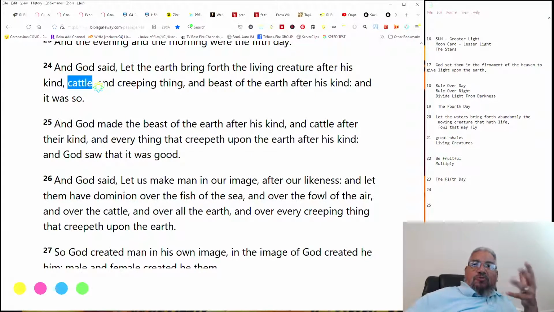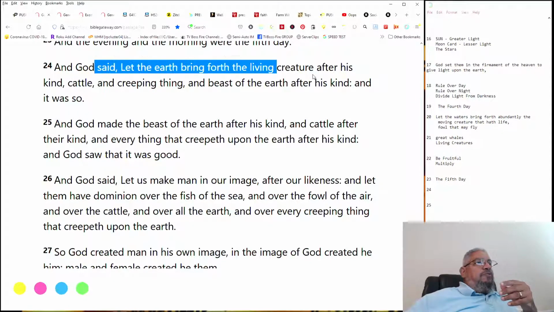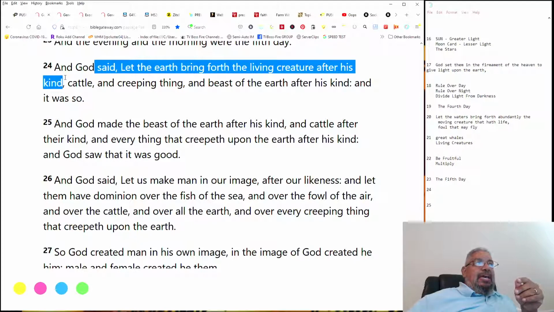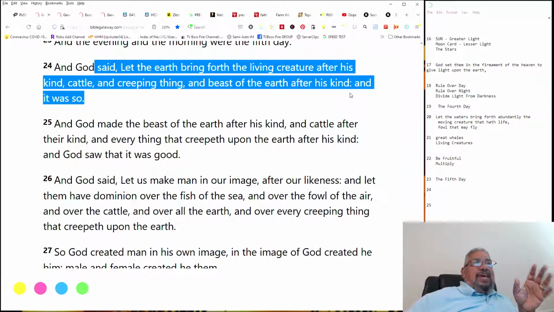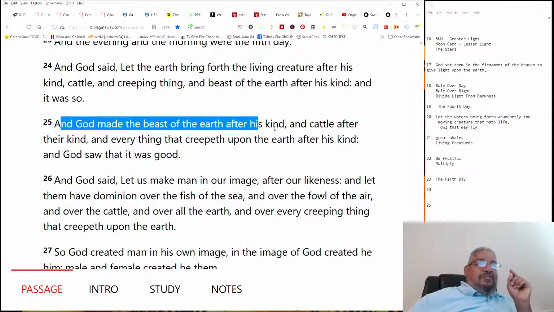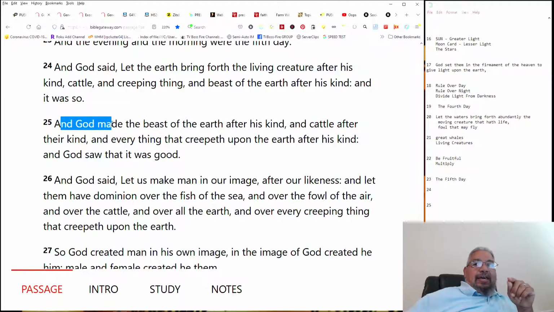So voy a usar la palabra mastodon. So let's just say, let the earth bring forth every living creature after his kind, mastodon and creepy thing, and beast of the earth after his kind, and it was so. And 25, and God made the beast of the earth after his kind, and the elephant after their kind.